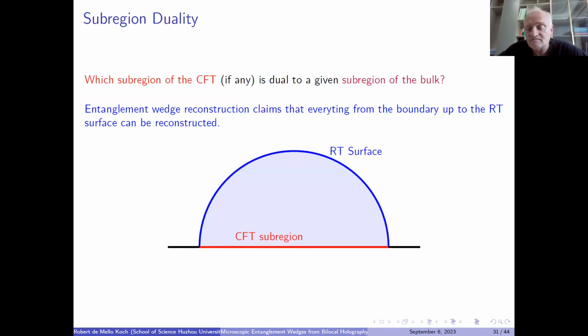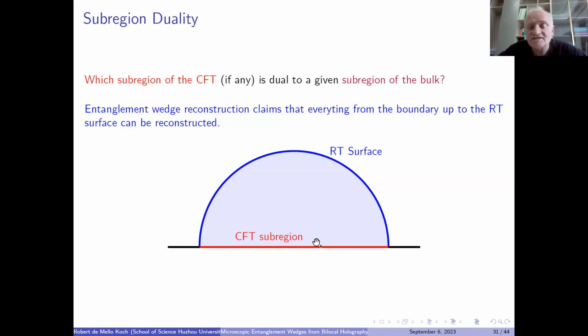Now, another well-studied property of holography goes under the name of subregion duality. So the idea here is to restrict yourself to a subregion of the CFT. So we're going to restrict ourselves to this red interval sitting over here. That means that when we study our bilocals, both feet of the bilocal will sit inside this red region.